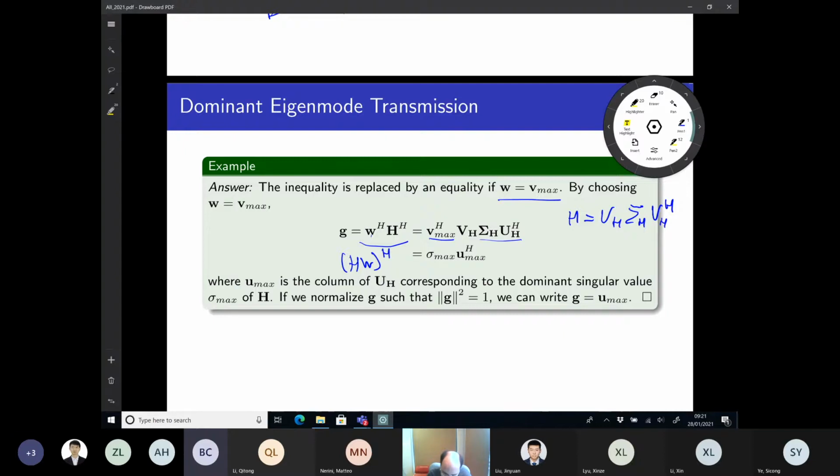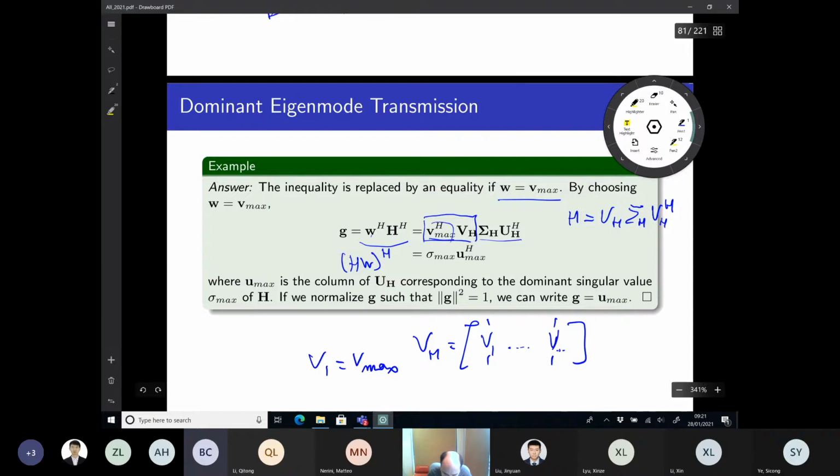And so what I'm going to have here is that V_H is a matrix given by, let's say, V1 all the way to V whatever dimensions I have here, right? So I have multiple singular vectors, and one of them is the Vmax. So let's imagine V1 is the dominant one. So let me call V1 equal to Vmax, the dominant singular vector. I will match this with V1.